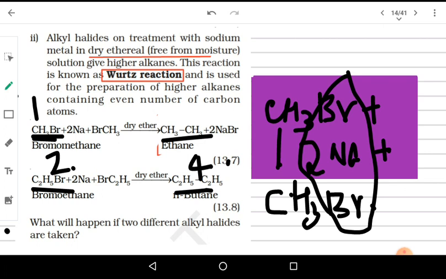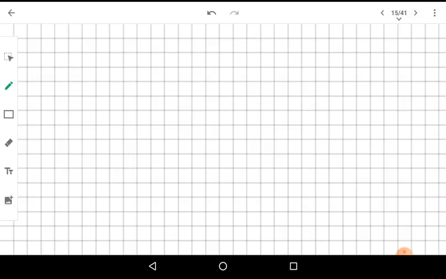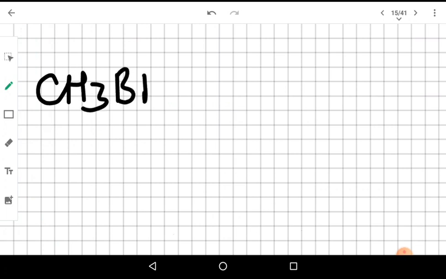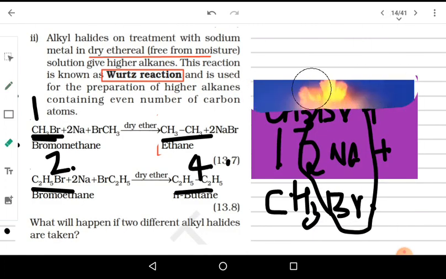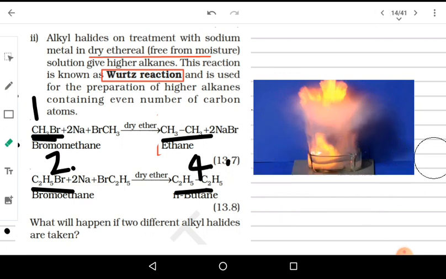Now if I am taking two different alkyl halides, like CH3Br plus 2Na, this sodium should always be placed in dry ethereal medium. Now why not wet ethereal medium? Because if we place it in wet ethereal medium, it can lead to explosion because sodium reacts very rapidly with water to form heat.